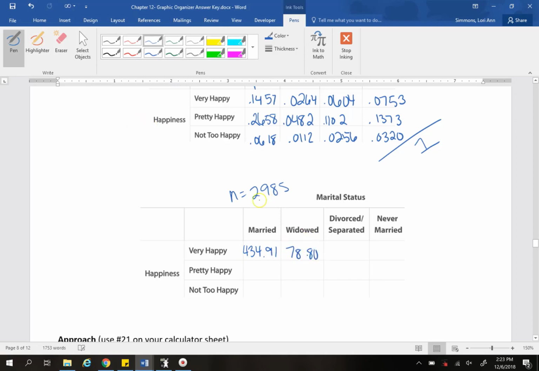And then take each proportion times 2985. Just make sure you check your answers with mine. See if we get the same answers. Now if you rounded yours a little differently, you're going to be a little off. That's okay. We're rounding.